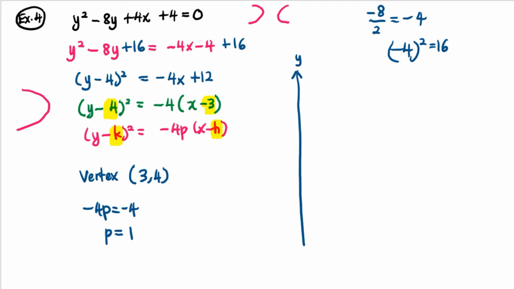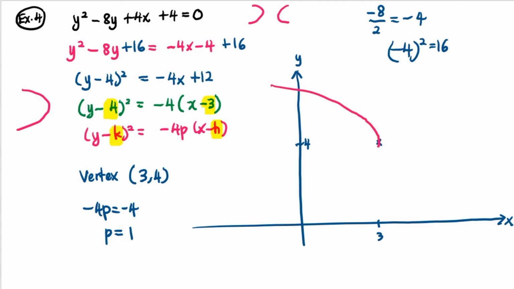So this is the graph, with the axes. We have (3, 4), so this is 3 and here is 4. The vertex is somewhere around there, and the shape of the parabola is something like this. The distance from the vertex to the focus is 1, therefore you have 2 here, so the focus is (2, 4).